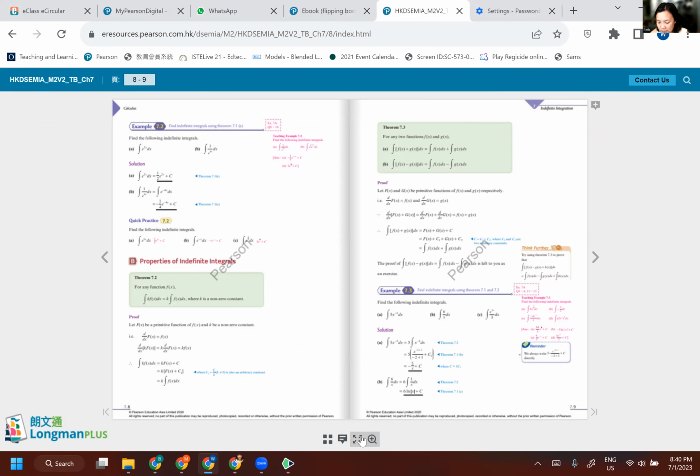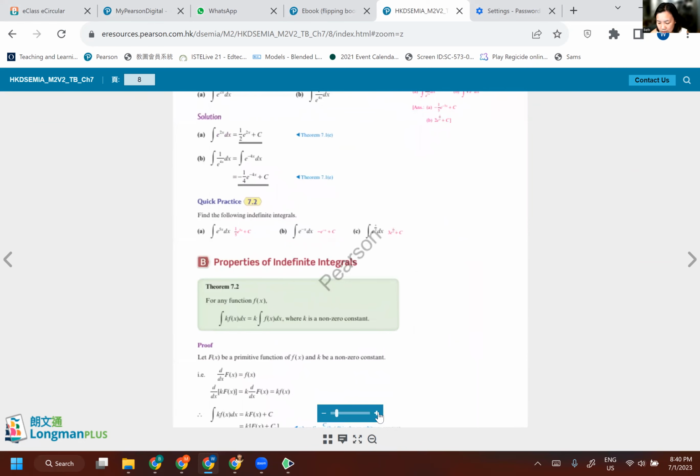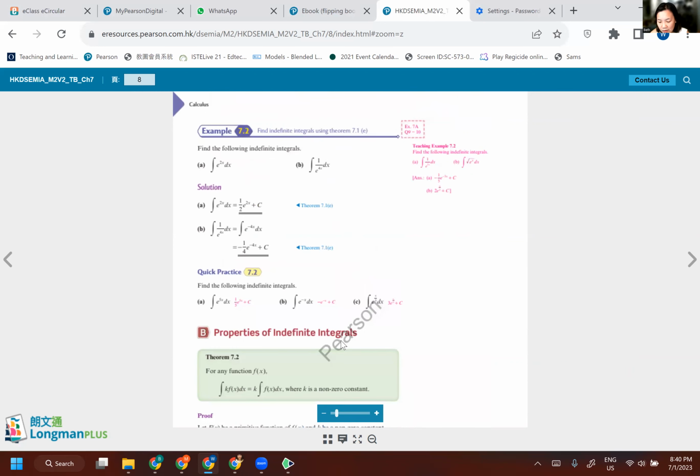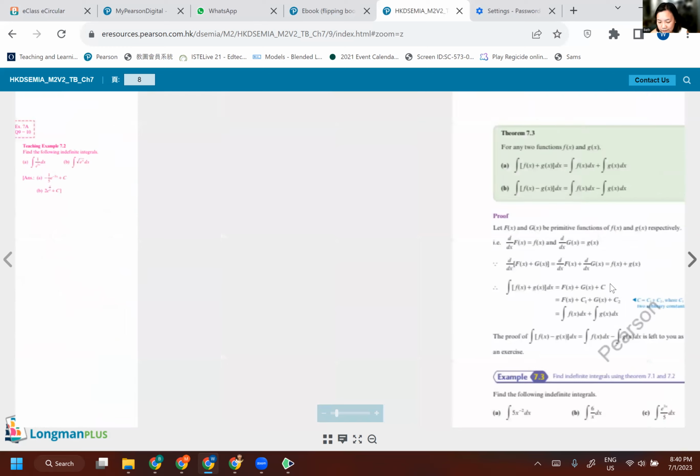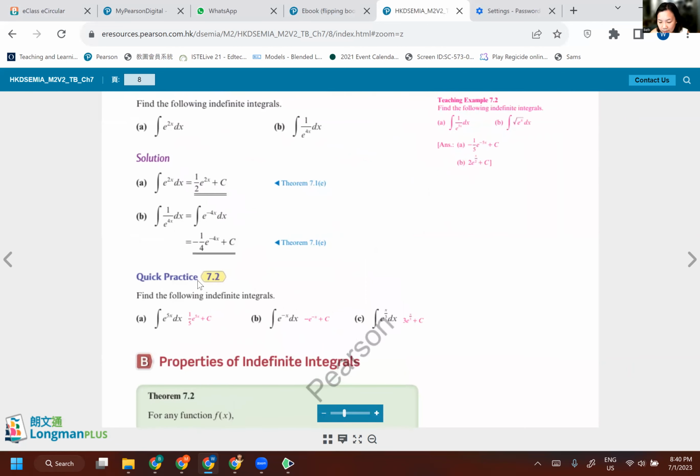Oh, you can't see. Page 7. This is page 8. On page 8, you can do this. On page 8, there are 3 more.